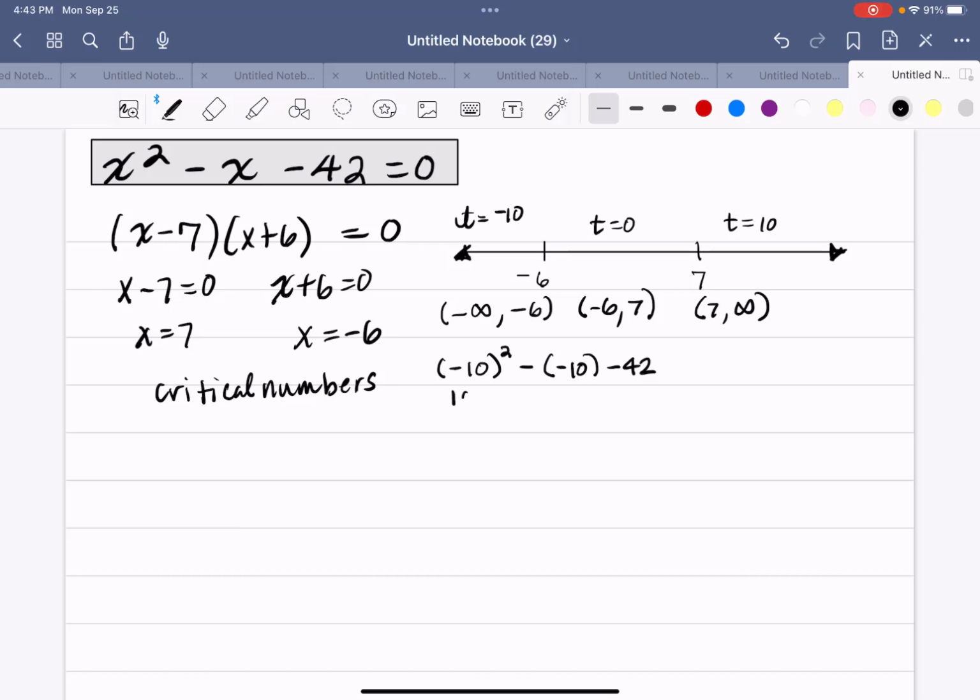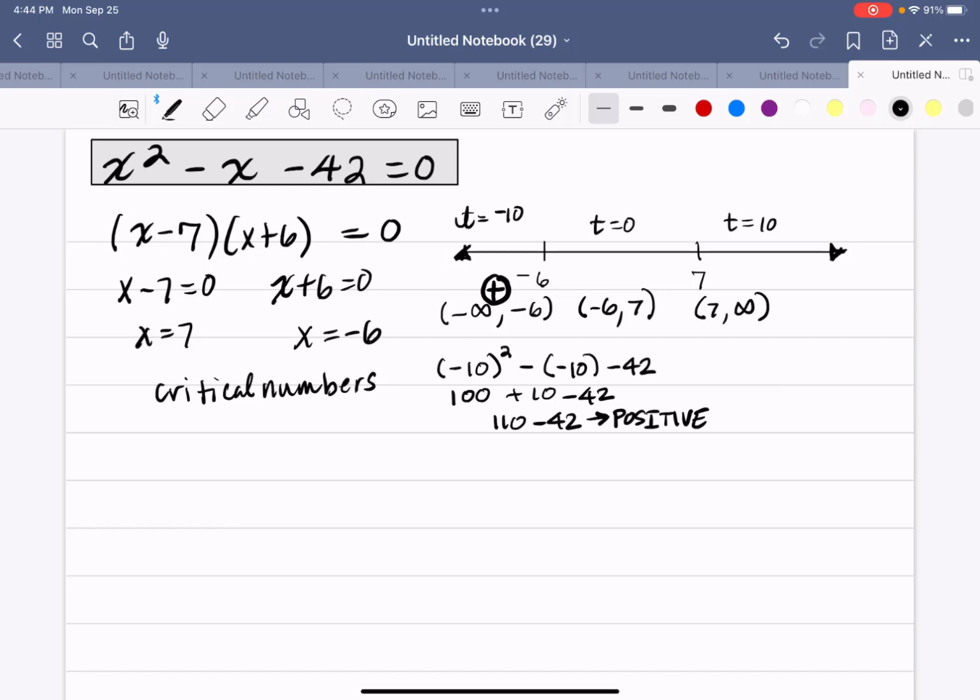So that's going to give me 100 plus 10 minus 42. 110 minus 42 is positive. Now, it's irrelevant the actual value. What you want to know is the sign. So you don't even have to take the time to subtract 110 minus 42. Just determine the sign. So this left interval is a positive. So we'll come back in a minute and make our conclusions.